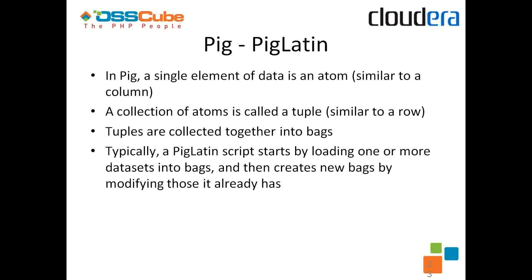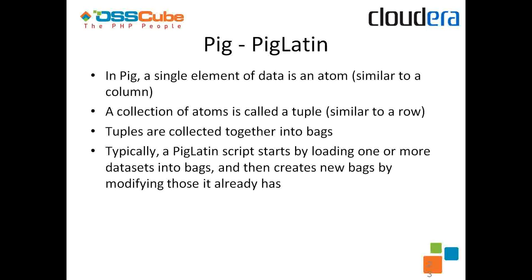When we have tuples collected together, we call them bags. So a set of rows, in a sense, you put them into bags. I don't want to make the analogy with a table, because a bag is more or less different from a table in this aspect. It's just a subset of your data.